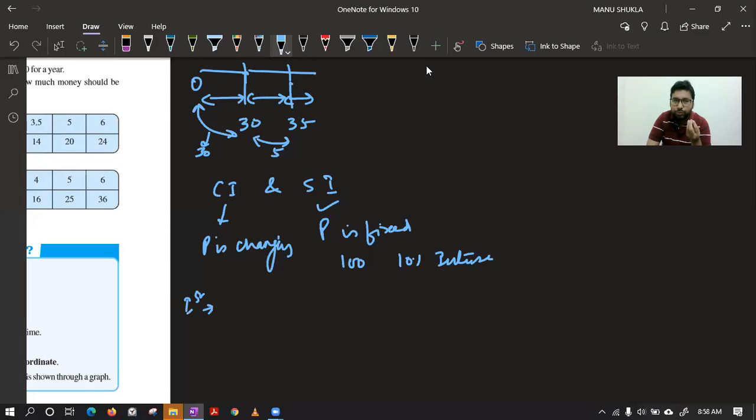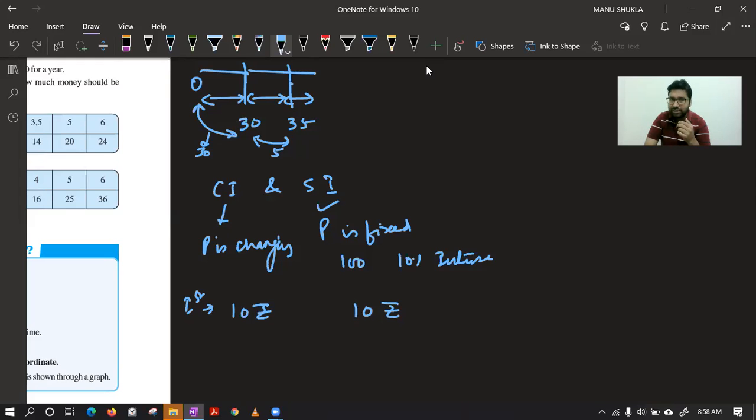It will be 10 rupees. Very good. What will be the SI? It will be same. So at the end of first year, the CI and SI are always same because for them principal is same. The problem comes after first year.